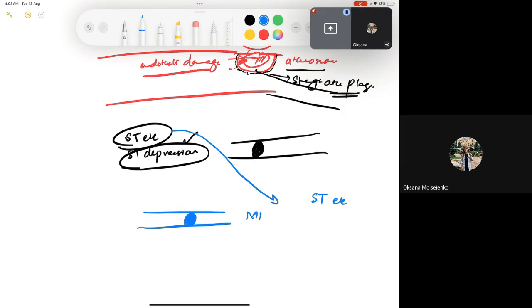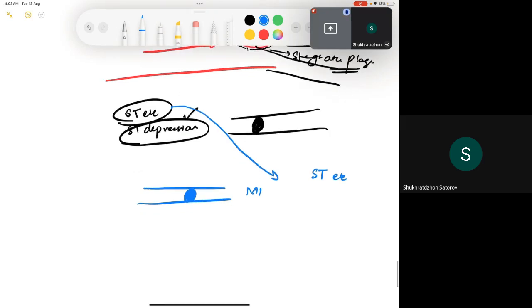Yes, Dr. Natalia. I said depression, but I'm thinking that if it is a full blockage, it will be elevation.